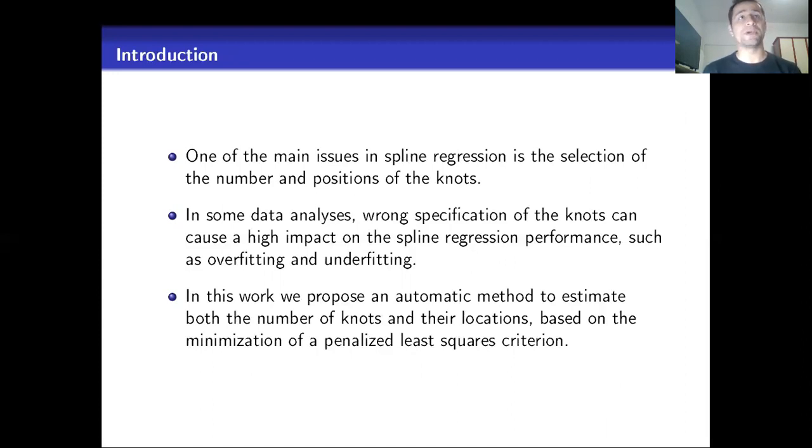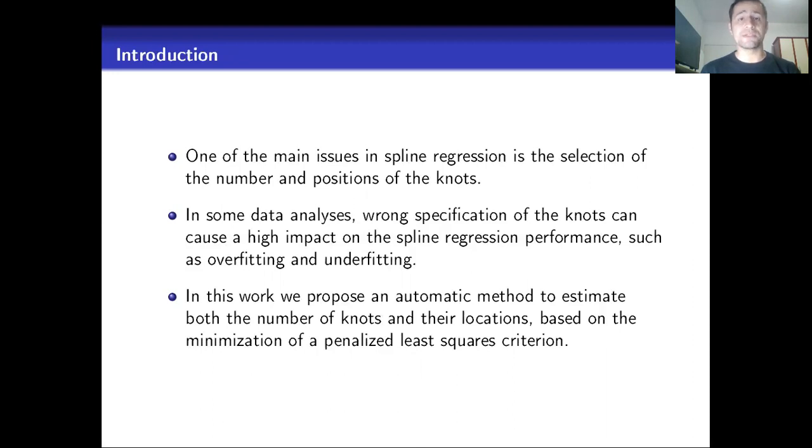So if we put an excessive number of knots on a determined region of the function domain, we can overfit the data on this region. So it's very important to have a good determination of the number and the position of knots.